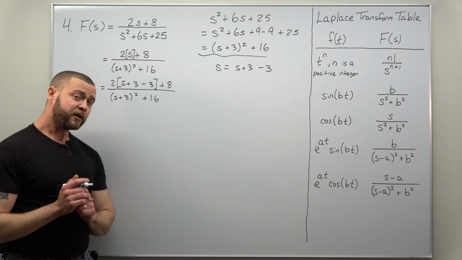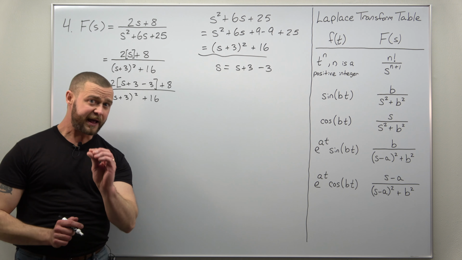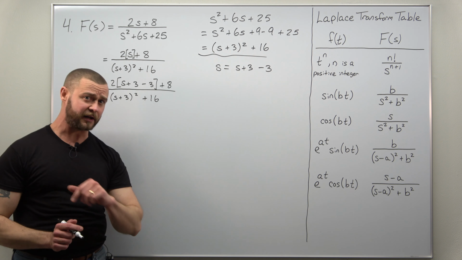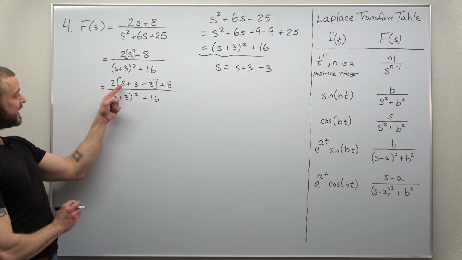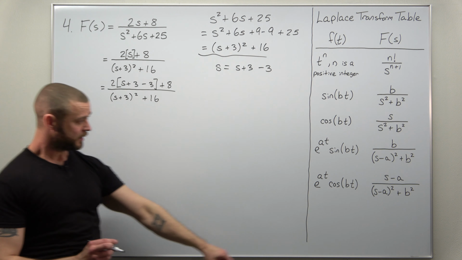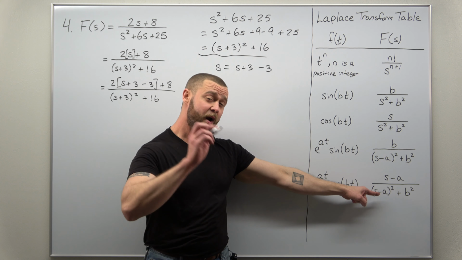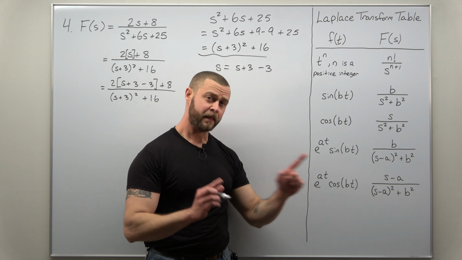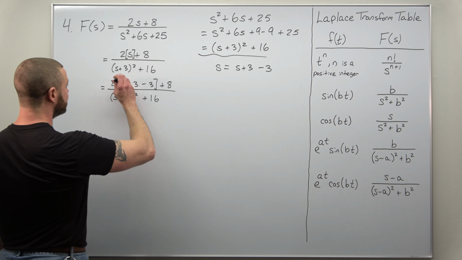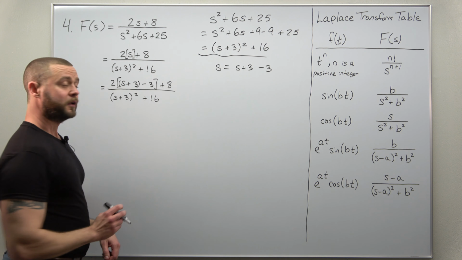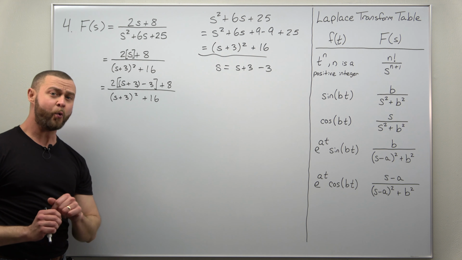Now, you have to be careful here. That factor of 2 out front, we are going to distribute it, but we have to be careful and not distribute it too much. What we're going to try to notice is we want this s plus 3 to match the (s plus 3) squared in the denominator. Now, we're going to distribute the 2, but we're going to think of the first 2 terms here, s plus 3, as being one quantity.